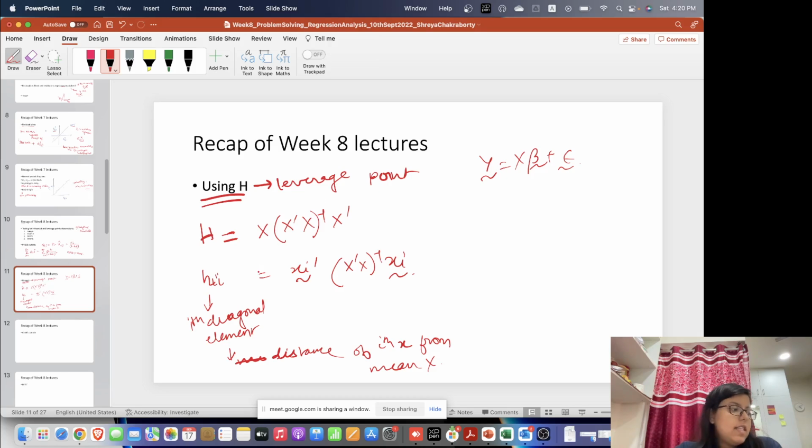Since hii measures the distance of the ith x from the mean x, the mean h is given as the summation of hii, where there are i equal to 1 to n observations. Now the H matrix is this one.